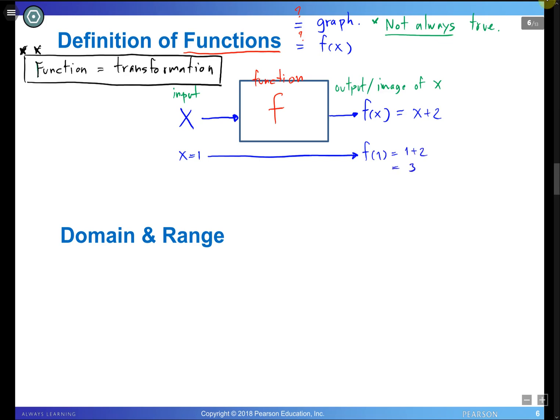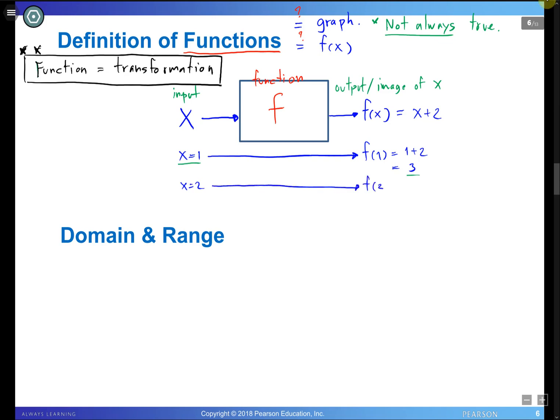So there you go. Starting with this input x equal to 1, we get the output, the image of x equal to 1, as 3. And x doesn't have to be 1. We have the freedom to choose anything as long as it doesn't cause any problem. So what about I choose x equal to 2? Let's see what happens. x equal to 2, of course, same thing, transformed into its own image.